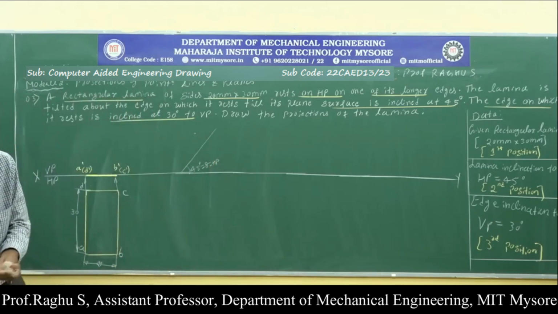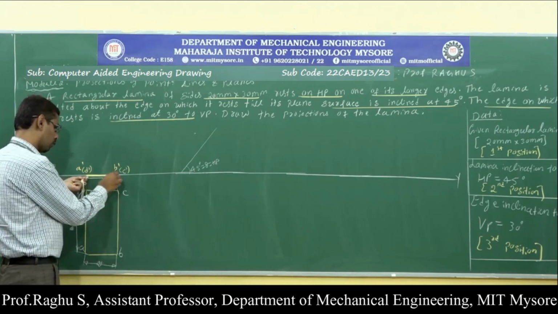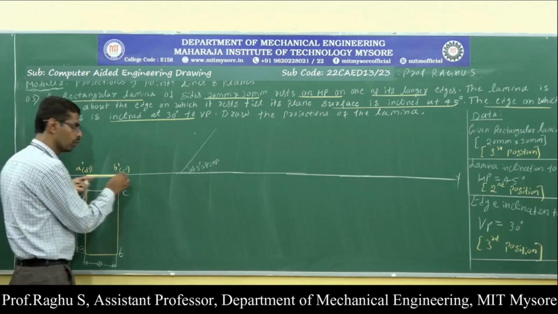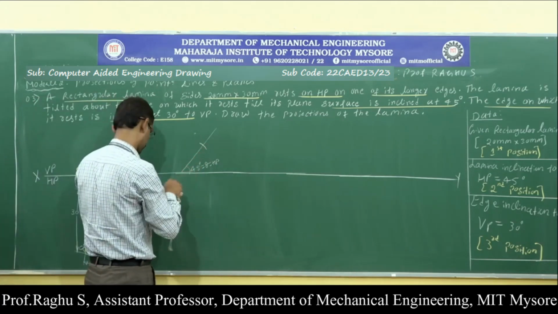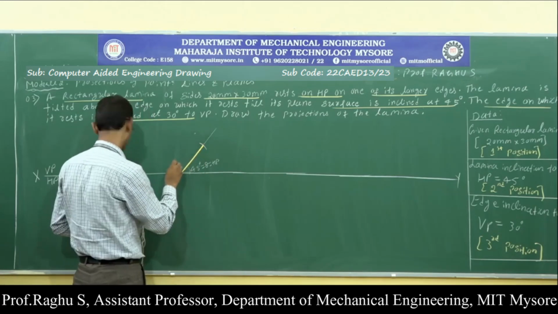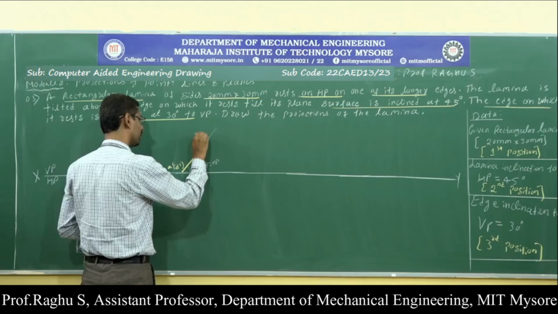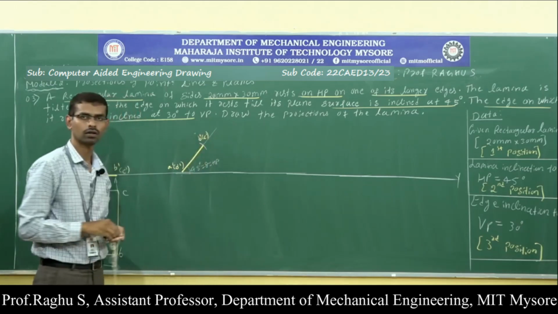Next, measure this length. Redraw the first position front view, make it dark since it is the view. This is A dash and D dash and this is B dash and C dash.